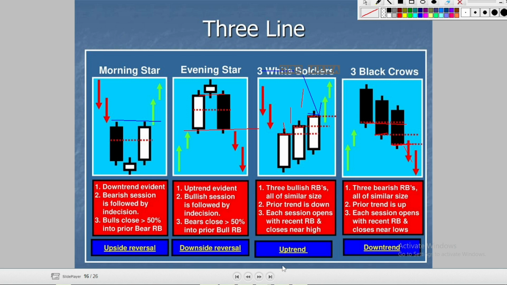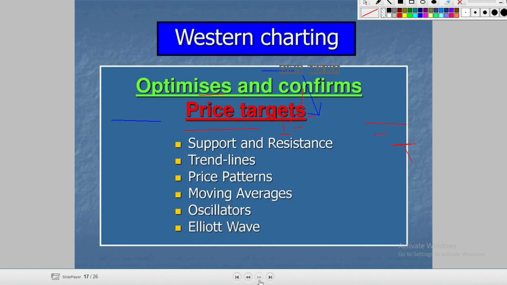Okay, so in our next part we are looking at optimizing and confirming price targets, how we can use this Western charting to optimize and confirm price targets.